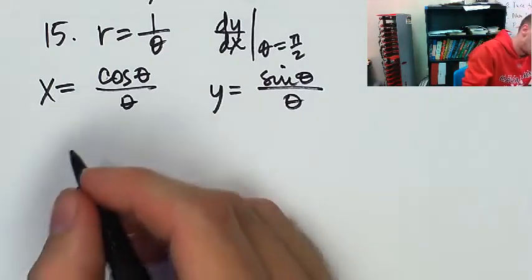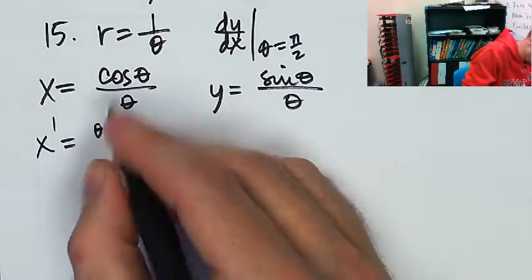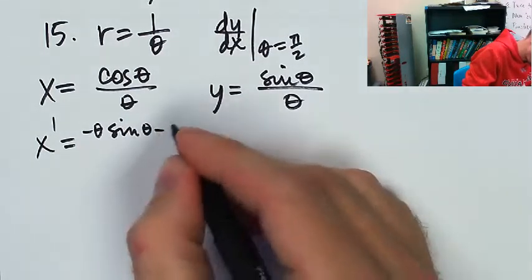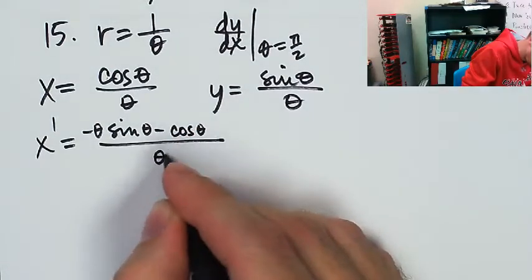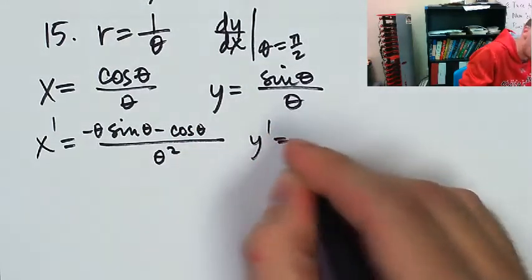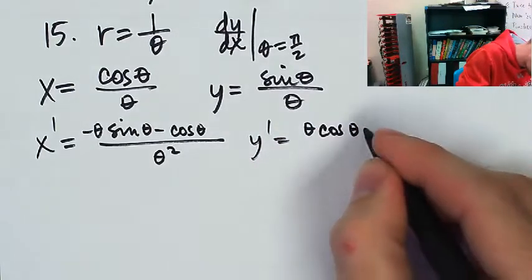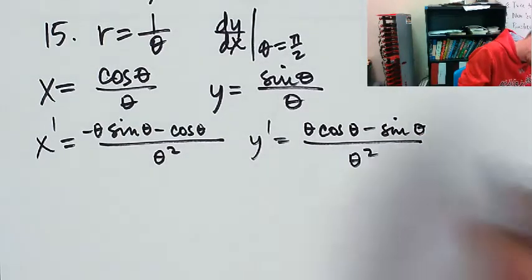We'll be able to do this. So x prime is bottom times the derivative of the top, minus the top times the derivative of the bottom, divided by the bottom squared. And y prime is going to be bottom times the derivative of the top, minus the top times the derivative of the bottom, divided by the bottom squared.